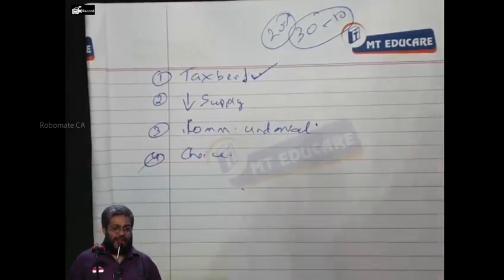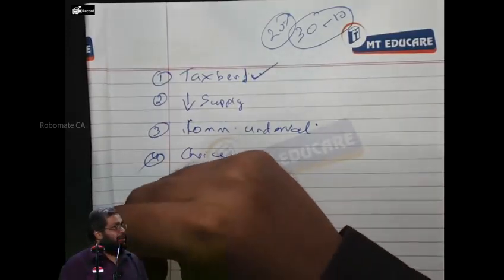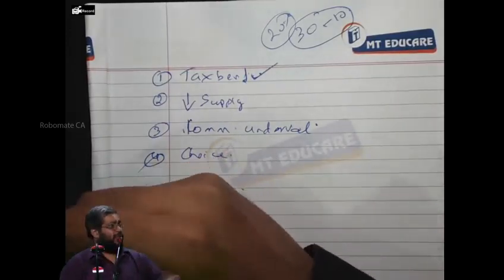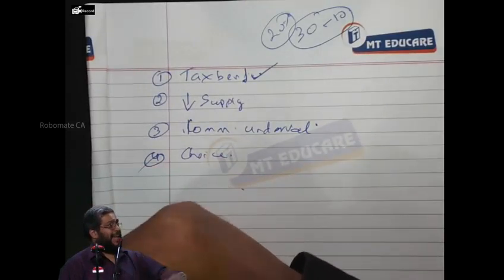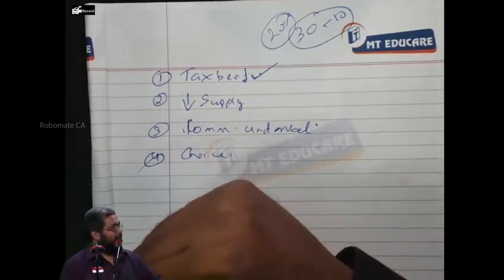One type are those shareholders who are engaged in running the business of the company. For example, in Infosys, Narayan Murthy also is a shareholder, directly engaged in running the business of the company. So that's one type of shareholder.